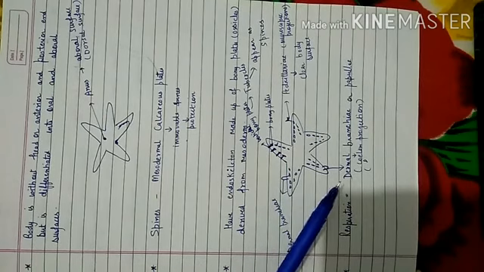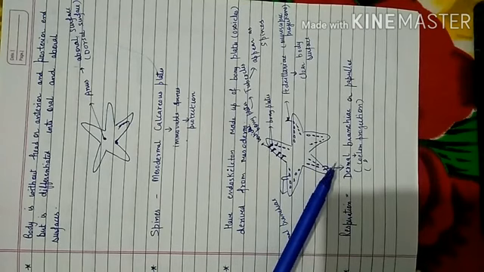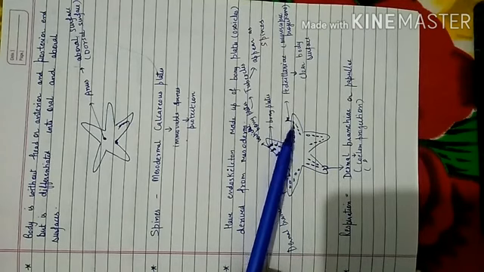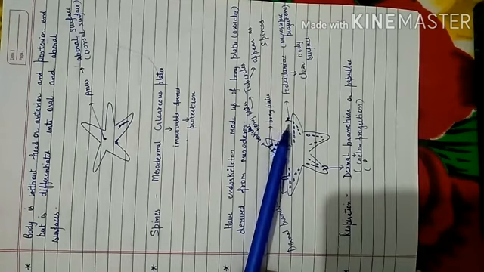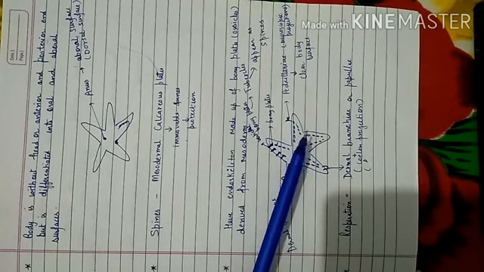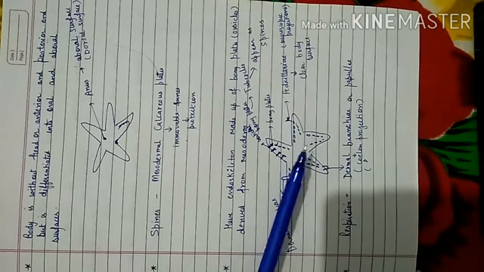And the skin is spiny with pedicellariae. So pedicellariae are the microscopic structures on the surface of the skin which help in cleaning their body, which clears their body surface.